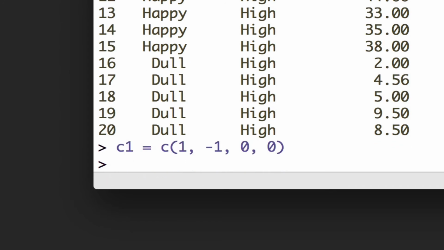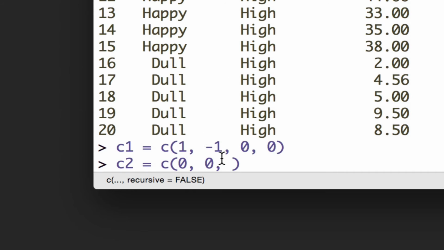Now, for the second comparison, it's going to be the opposite way around, because we want to leave out the low relevance conditions and just compare the high relevance. So we're going to say C2 equals zero, zero, because remember that the first two are the low relevance and we've already dealt with them.